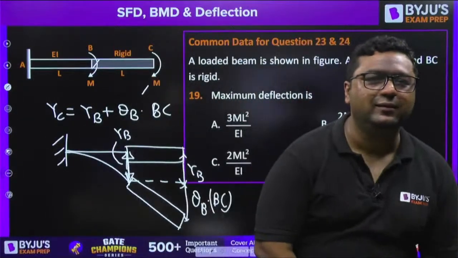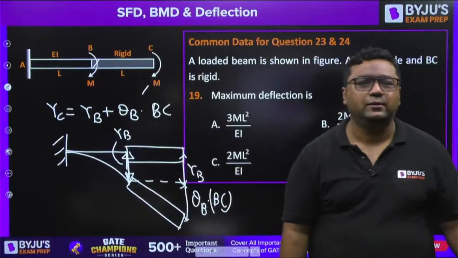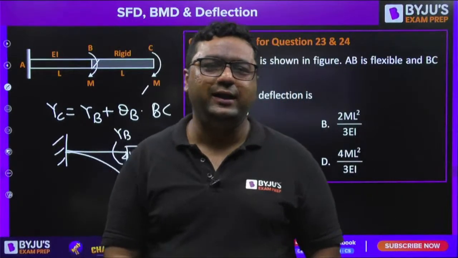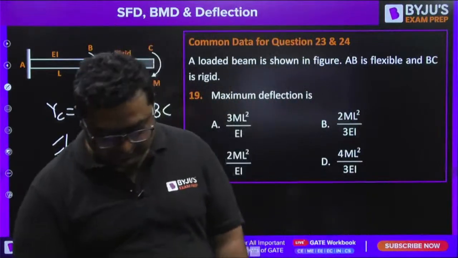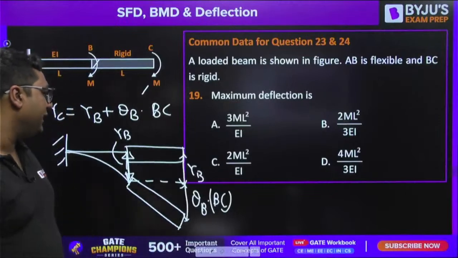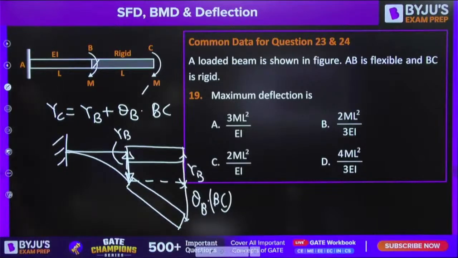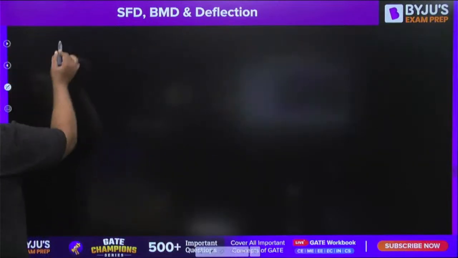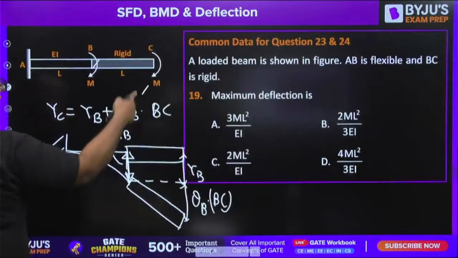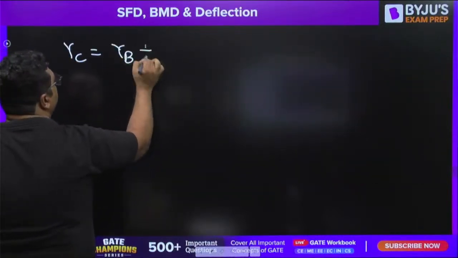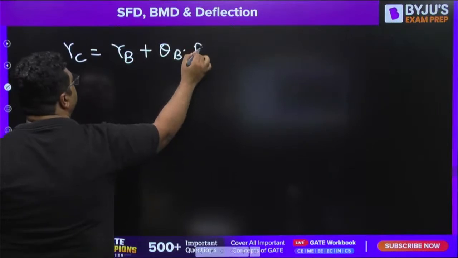Parth Kumar is saying B, Ramesh Mohan is saying A, Gajodhar is saying A. Okay, let us see. The last question it is. So guys, A or B, tell me. When we are talking about theta B, you need to find Y at C, which is Y at B plus theta at B into BC.